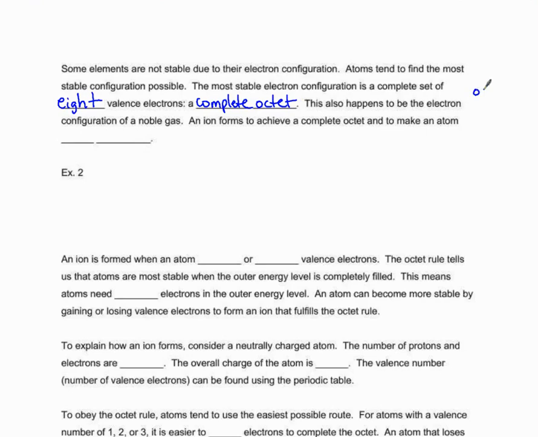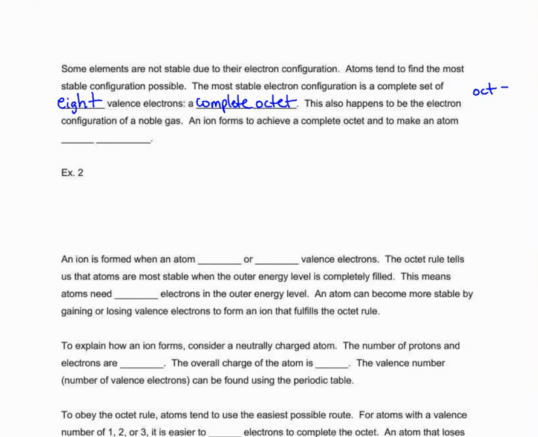OCT as a prefix means 8. So you've got octagon, you've got octet, you've got octave, octopus. Those all mean 8. So a complete octet is 8 electrons, 8 valence electrons.